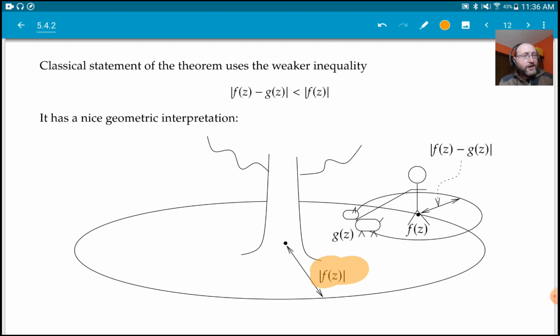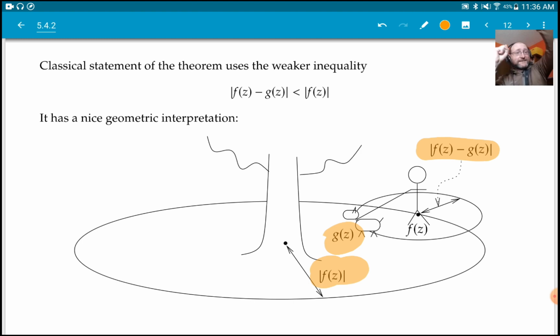Now, the dog is another holomorphic function, right? The dog is g, right? And what you're assuming is that the distance that your dog is away from you is strictly less than how far you are away from the tree. And so as you walk around, it can be very far away from the tree, but there's no way it can go around the tree, right?